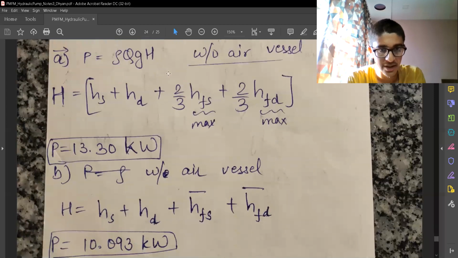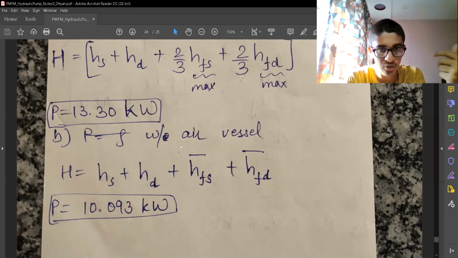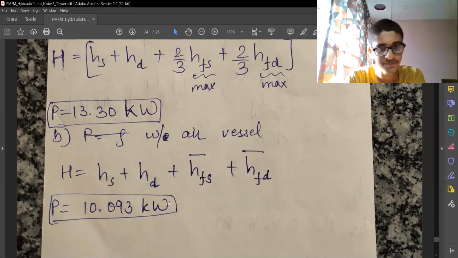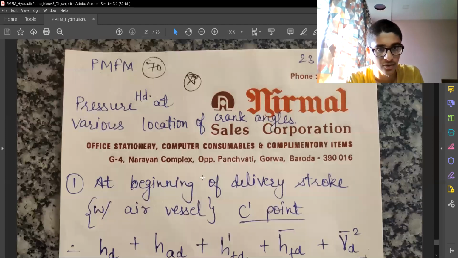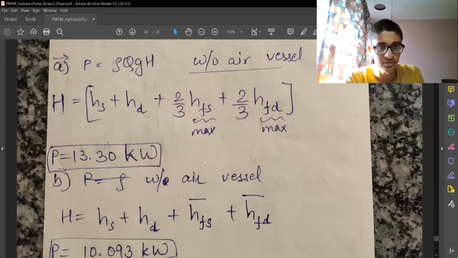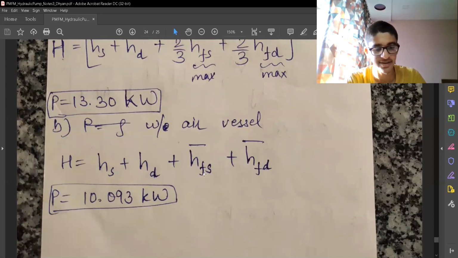So with friction, we take this factor into account, and the power is calculated over here. And with the air vessel, everything changes to mean velocity, mean length, and mean flow rate. So we use this new expression, and the 2/3 factor is not there. That's the change, and how to calculate this I have already explained. We use the mean velocity over there. Okay, fine, that's all. For practicing more problems, we can go to R.K. Bansal example questions.